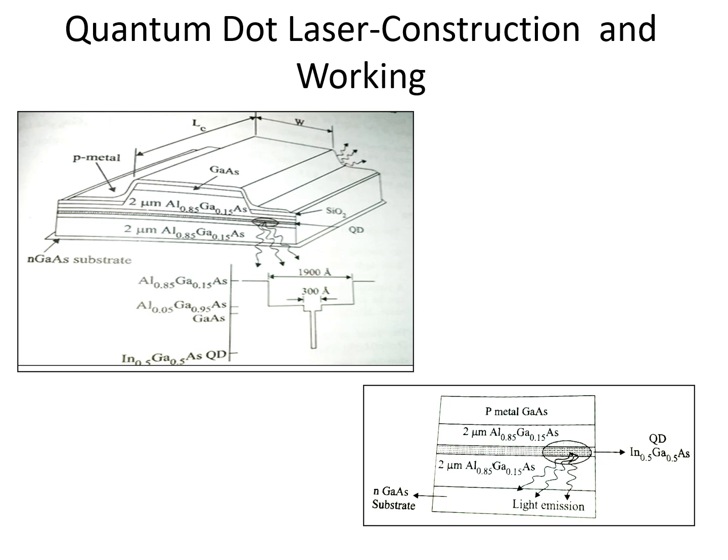So they have to be measured and they can be manipulated also. According to our application, we can manipulate this length and width. So this is the construction and working of the quantum dot laser.